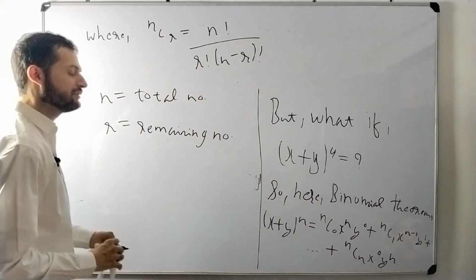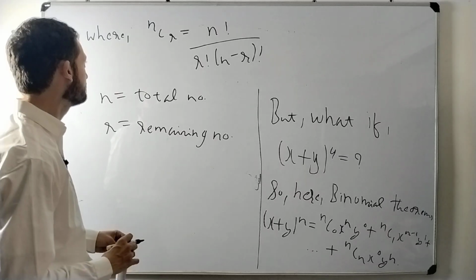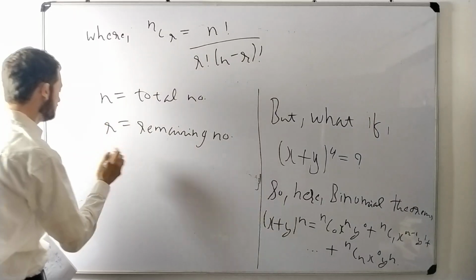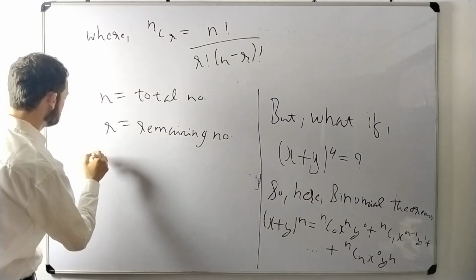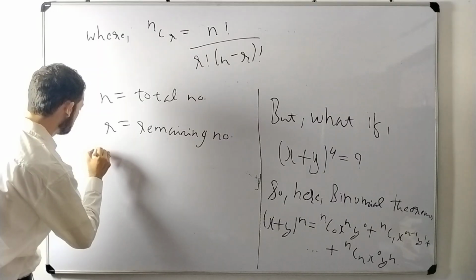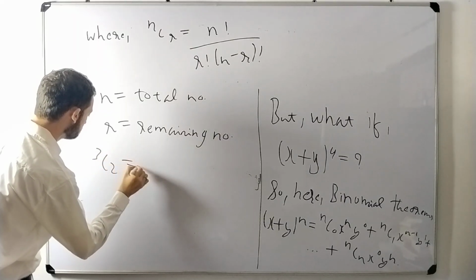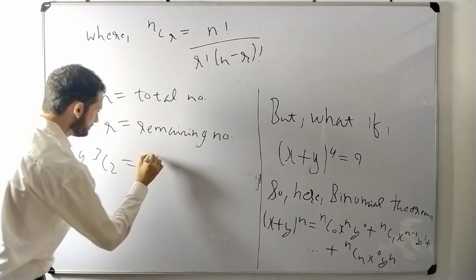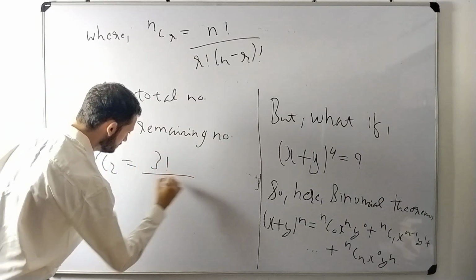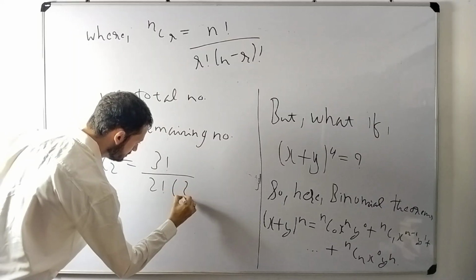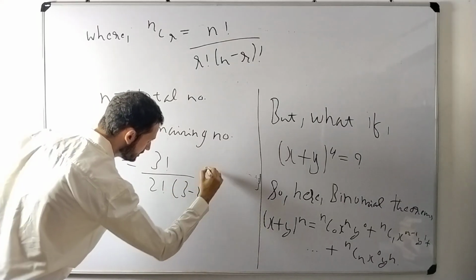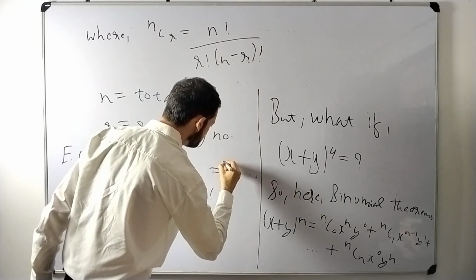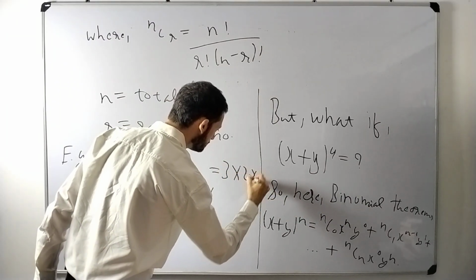So you would say, sir, could you give an example of this? It's certainly a beautiful formula for any n, but could you just give an example? Example: 3 factorial over 2 factorial times (3 minus 2) factorial. What is this, students? 3 into 2 into 1.